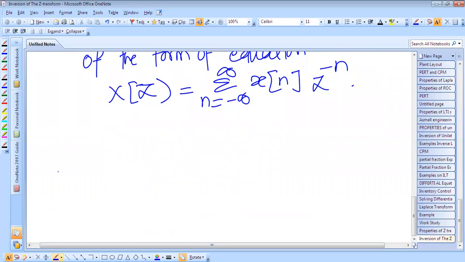How to find the inversion of the Z transform.